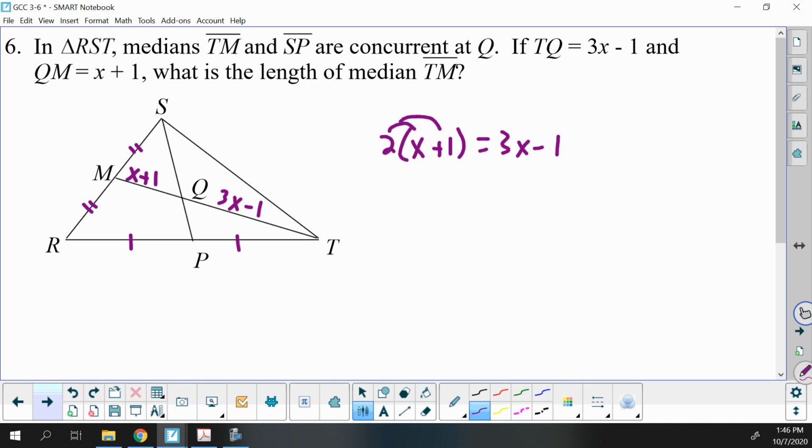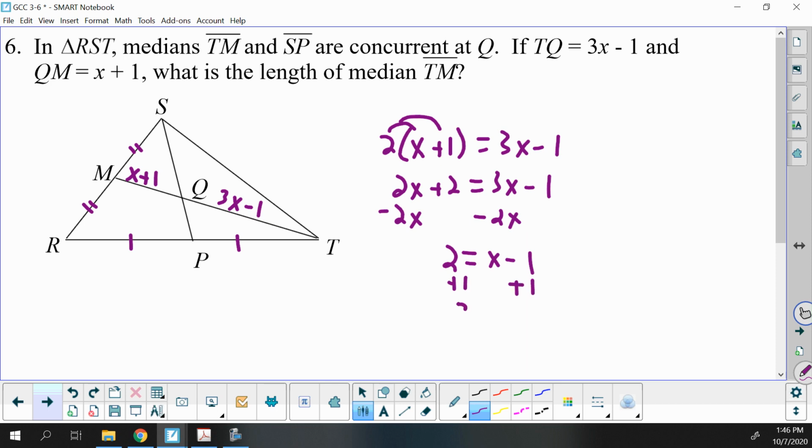We can distribute. Let's collect our x's on the same side. We'll subtract the 2x over, giving us 2 equals x minus 1. And we'll add 1 over to give us 3 equals x.